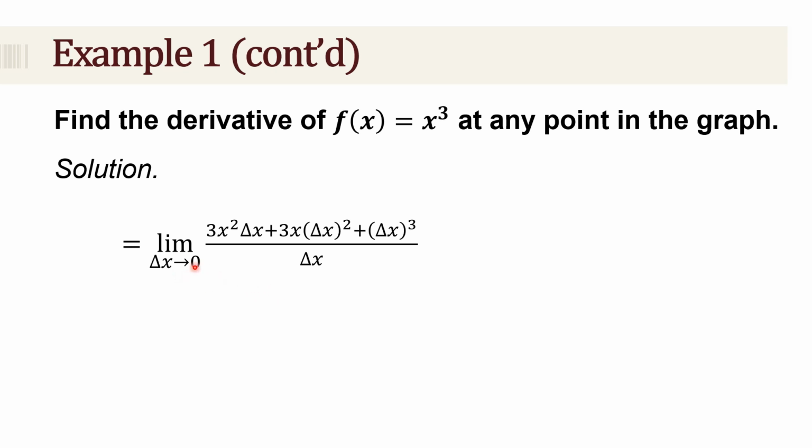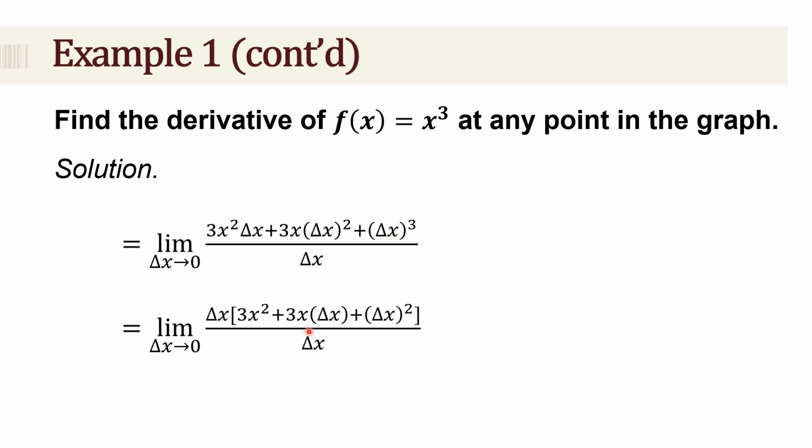Ngayon, pag nag-direct substitution tayo dito, makikita natin na 0 over 0. So, hindi pwede. So, kailangan matanggal natin yung delta x sa baba, which is mag-factor out lang tayo ng isang delta x. Right? So, that becomes delta x times 3x squared plus 3x delta x plus delta x squared. Pwede na natin ngayong i-cancel yan.